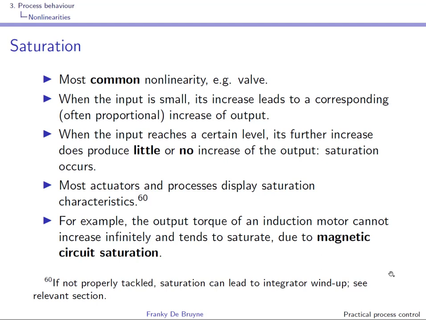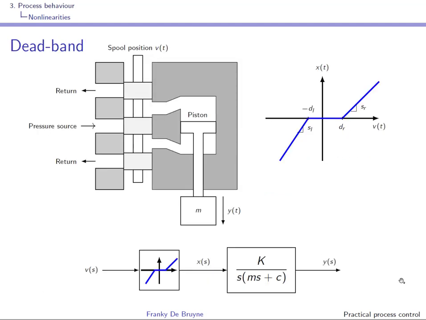Also, if not properly tackled, saturation can lead to integrator wind up, and we'll see this later on in the course in the section devoted to integrator wind up. Dead band or dead zones are common in hydraulic valves.